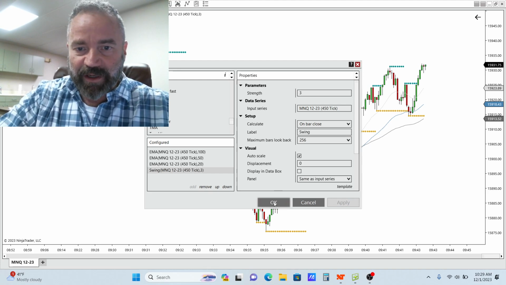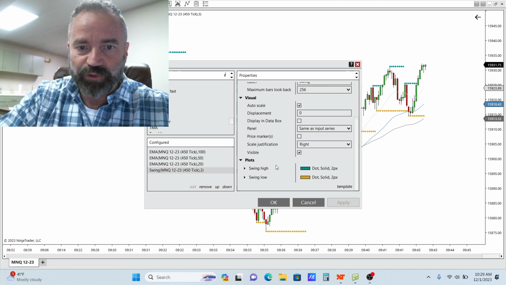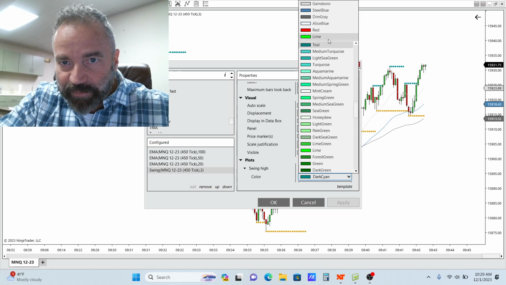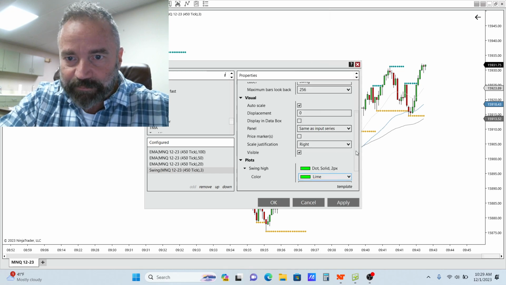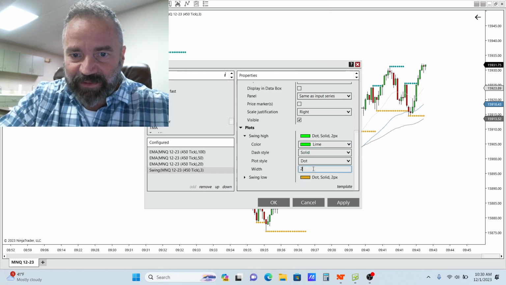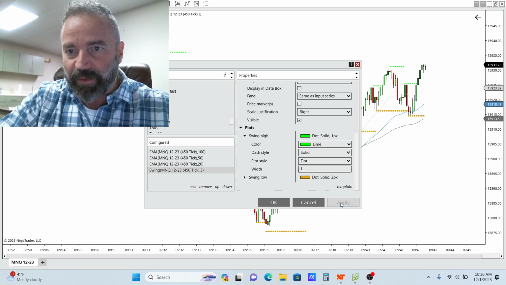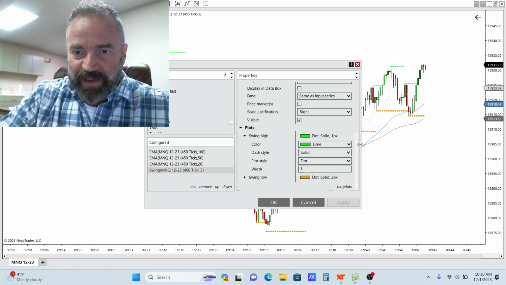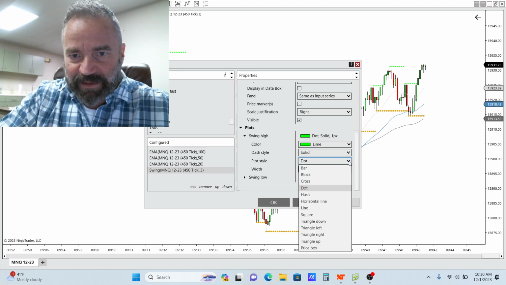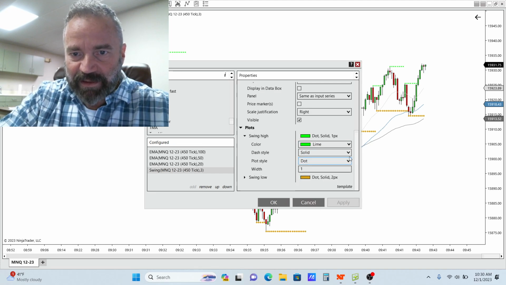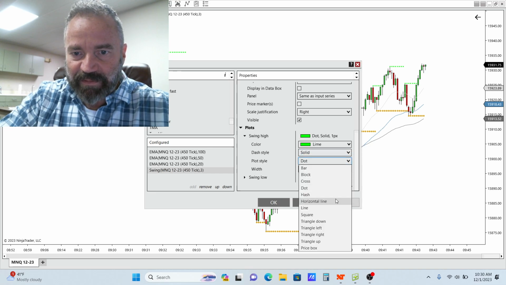And I'm going to change the colors on these. Swing high, I like to be green. I'll go with maybe a lime green. And I like these to not be so wide. So we'll go with that. And let's see if we can make these align.